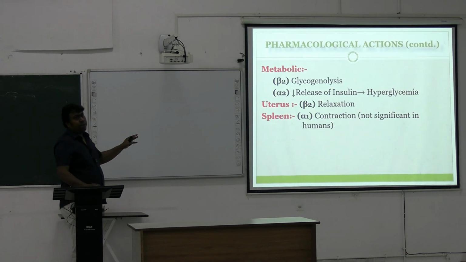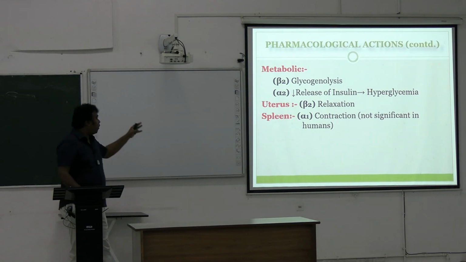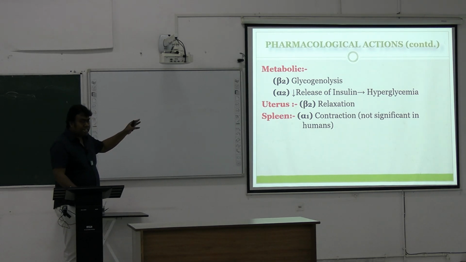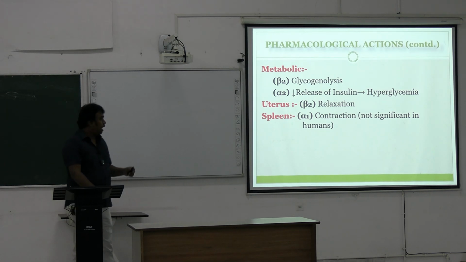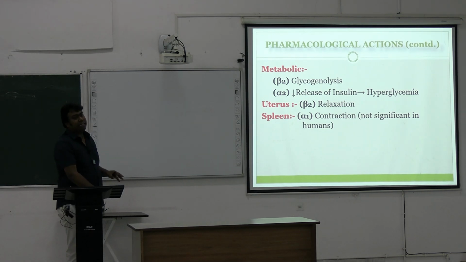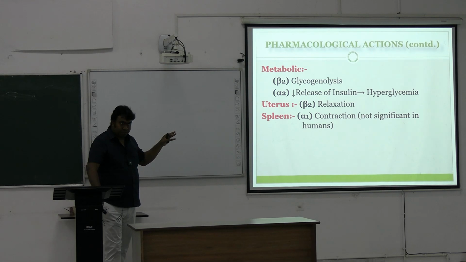In metabolic effects, beta 2 causes glycogenolysis, whereas alpha 2 causes reduced release of insulin, and both these result in hyperglycemia. The uterus will be relaxed by beta 2.